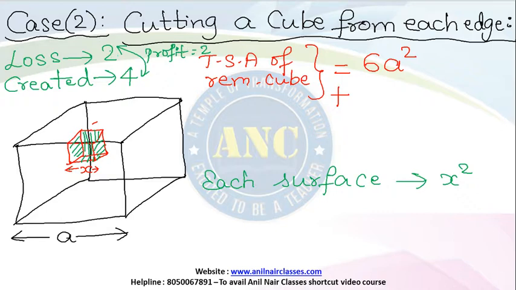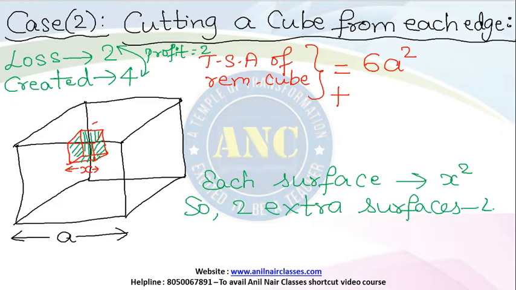I hope everyone is able to visualize. For one surface it is x square. So for 2 extra surfaces, it is 2x square. Now this is the total surface area of the ones which are extra created. That means total surface area of the remaining cube is 6a square plus 2x square.